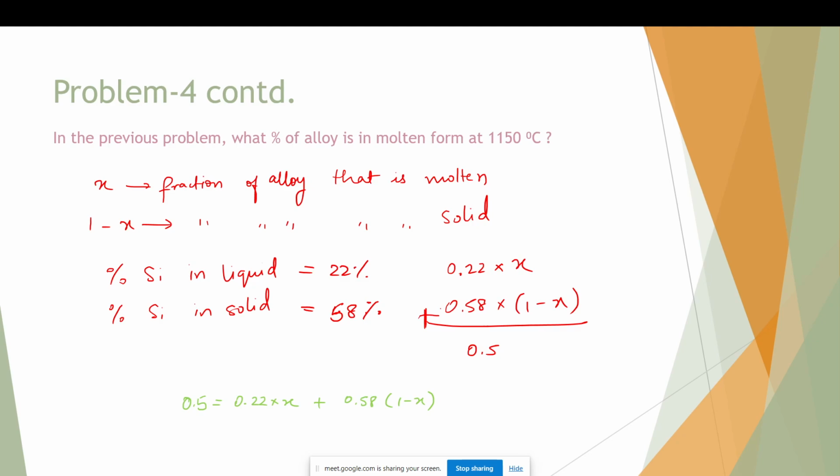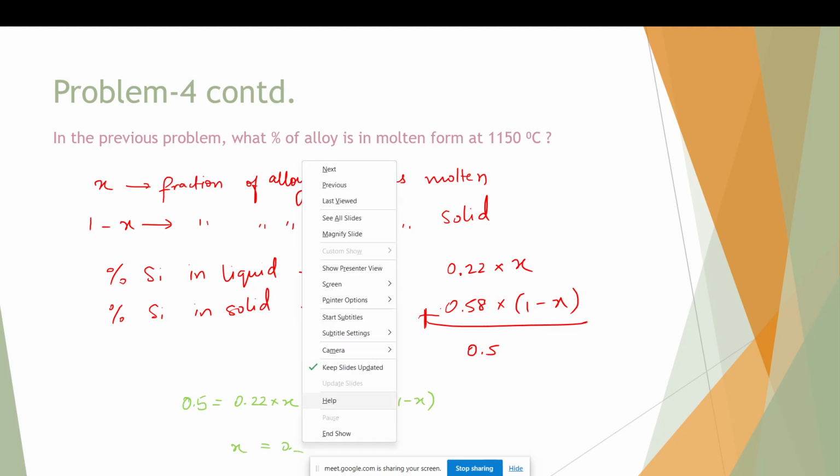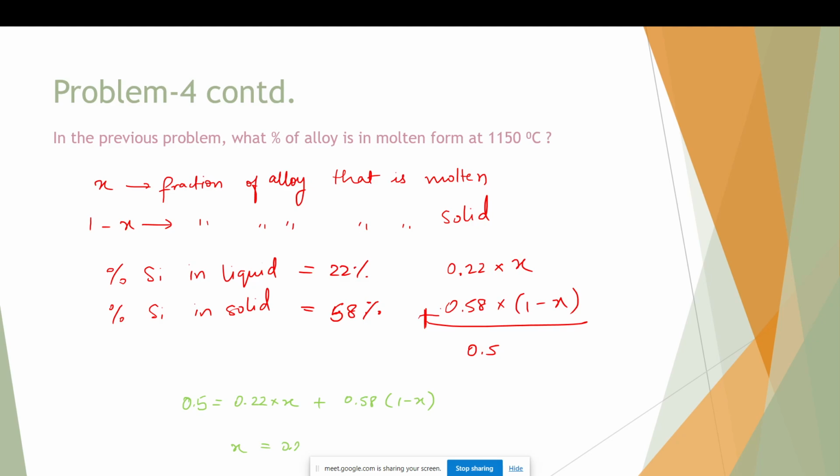By solving this we can get the answer. You can do this on your own and I'll just tell the answer: x is equal to 0.22. So this is the correct answer. This is the fraction of alloy that is in molten state. Naturally the fraction of alloy that is in solid state will be 1 minus 0.22. Is that okay?